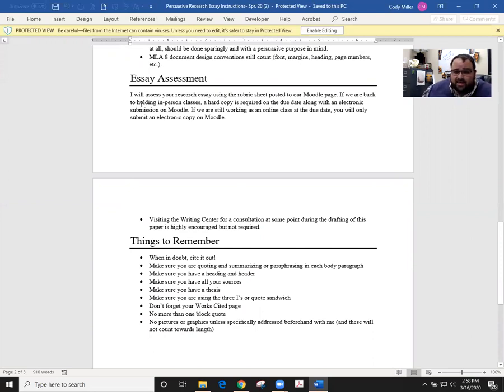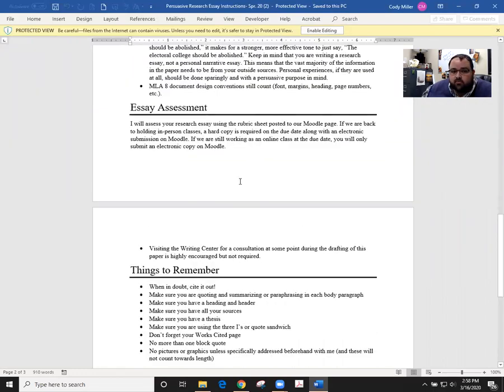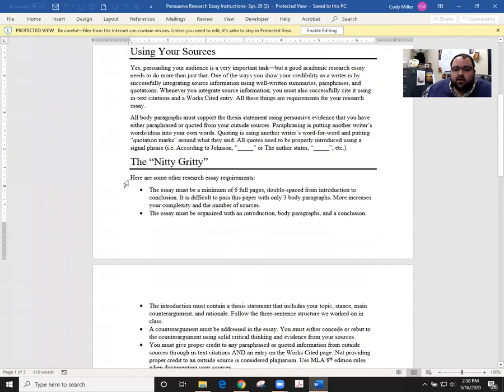If we are not back in person, then we will largely submit it on Moodle by the due date, and I will grade it accordingly. We also have an area down at the very bottom that says things to remember, and then we have all the different requirements, the nitty-gritty, so to speak, in the middle.